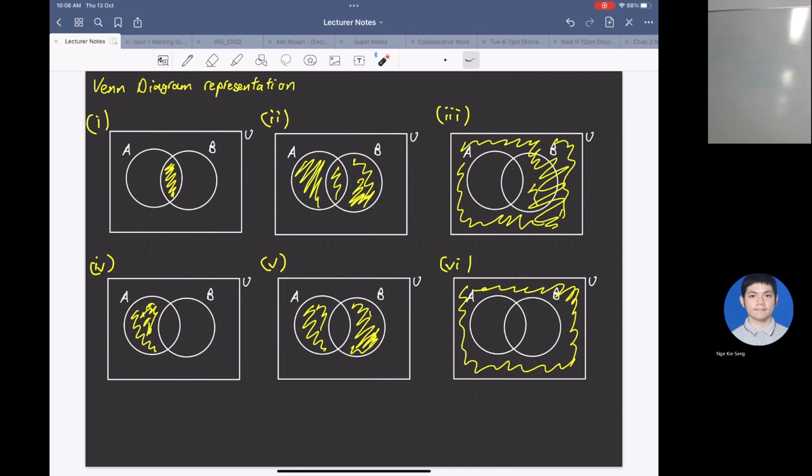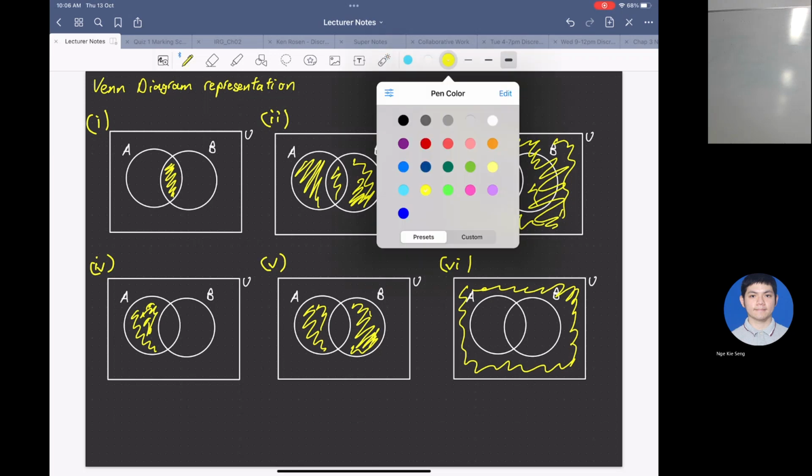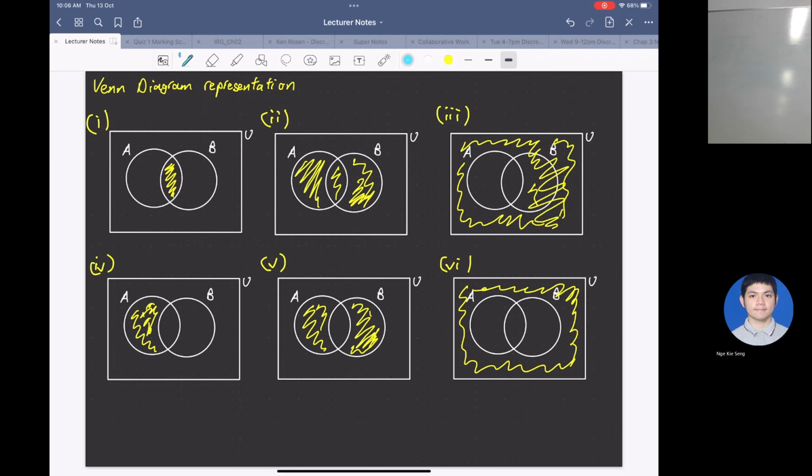What's your try on the first one? What is this shaded region here? Conjunction.